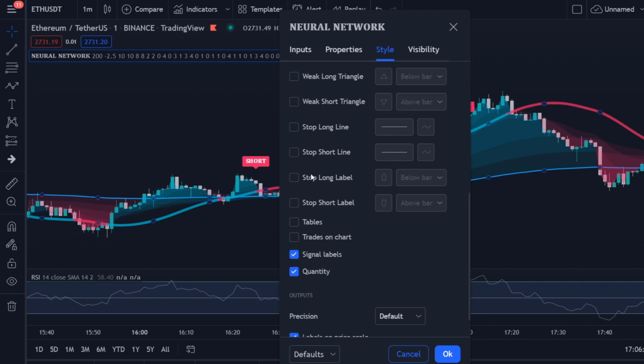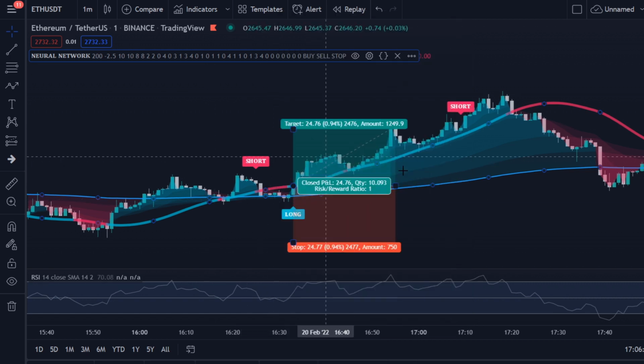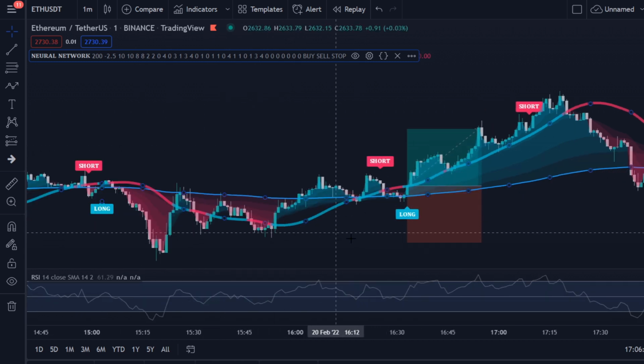If you enable this, that's also possible, but then your chart is really choppy and there is a lot of information on your chart, so it's kind of messy in my opinion. That's why I'm only focusing on these settings, because as you can see, it's quite clear.